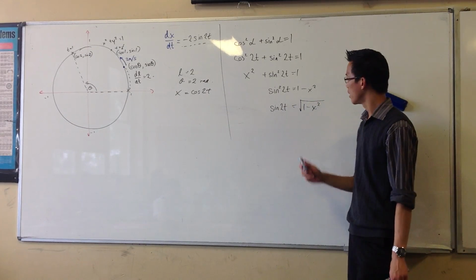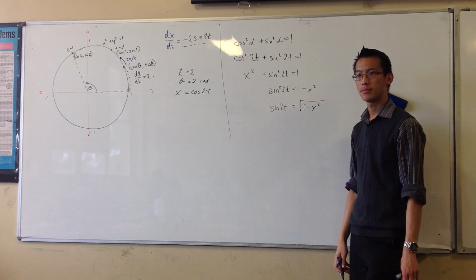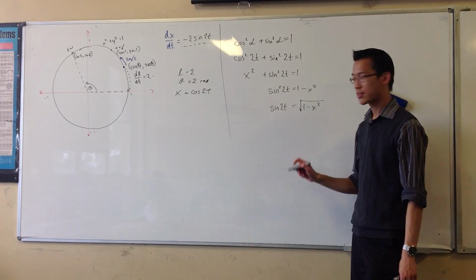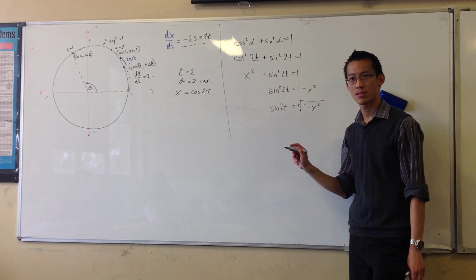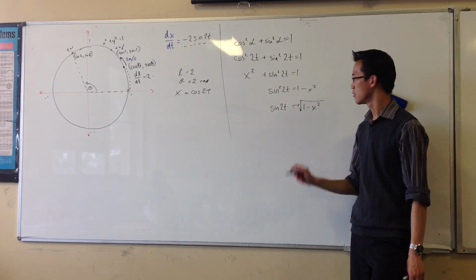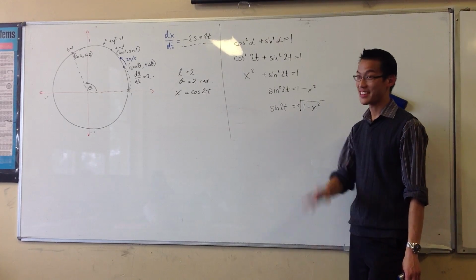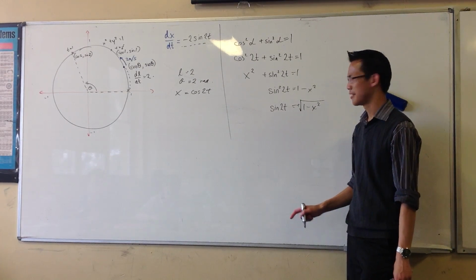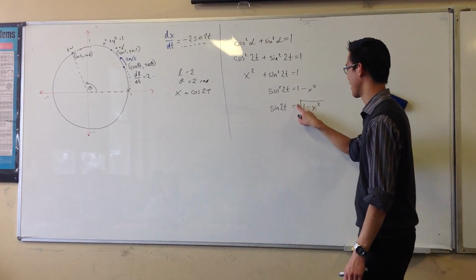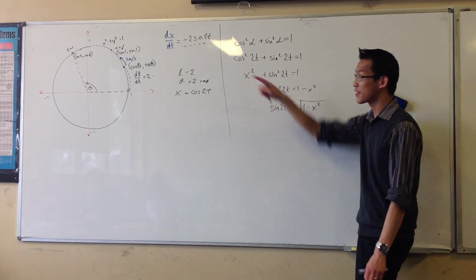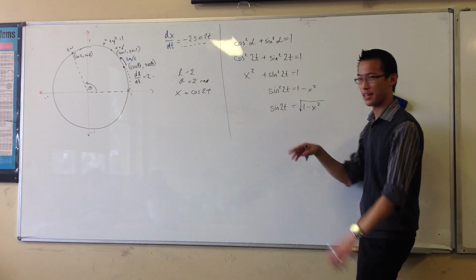Now, by the way, is it plus or minus? Plus or minus? I know that you keep thinking for a little bit. It is plus. It's not as obvious as you might think, though. It does have to do with it being the top half of the circle, but anyway, I'm going to keep going.